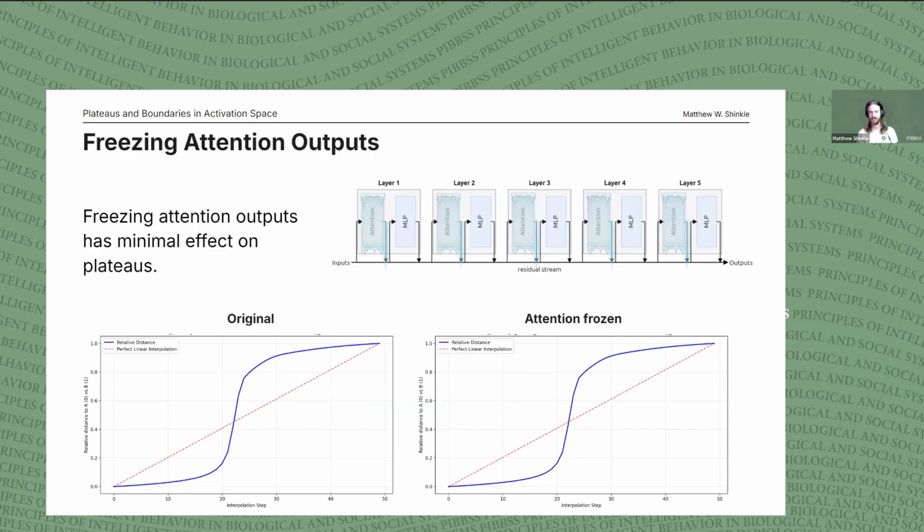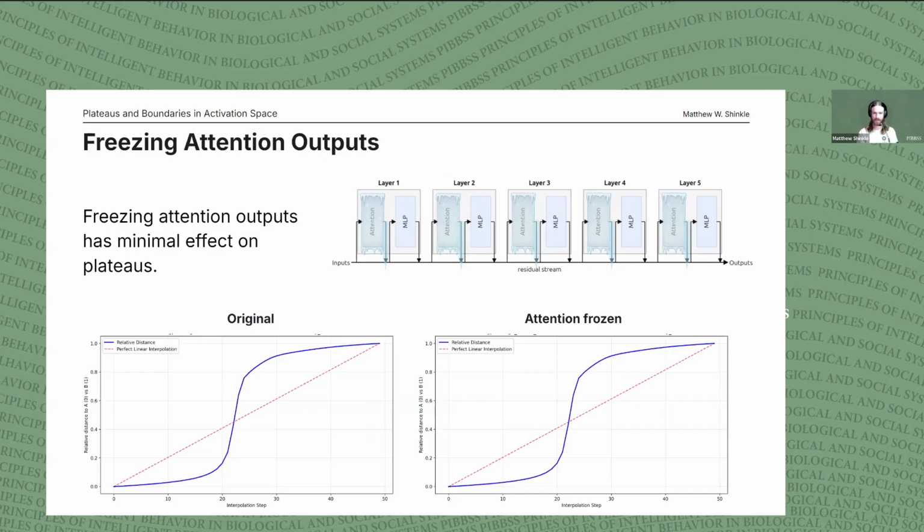This word freezing is often used in the context of model training, where it means freezing the model weights, meaning that they're not allowed to change during training. Here we're not training the model, we're using a pre-trained model, and the weights aren't changing. So what I'm actually freezing here is the output activations.